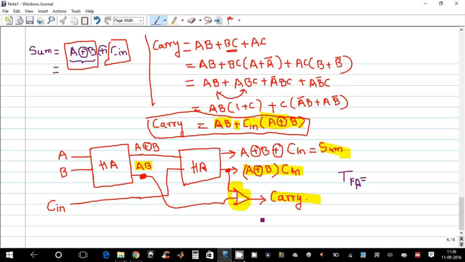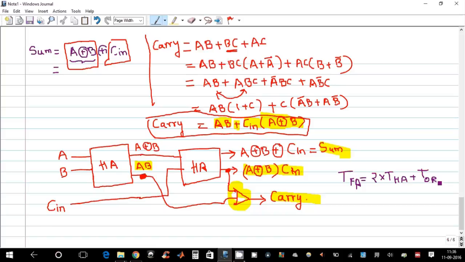To generate the carry expression it requires the delay of one half adder along with the delay of this half adder and this OR gate. So obviously it will be the maximum of these two, that is equal to 2 times the delay of a half adder plus the delay of the OR gate.